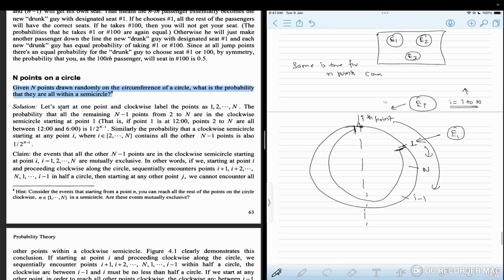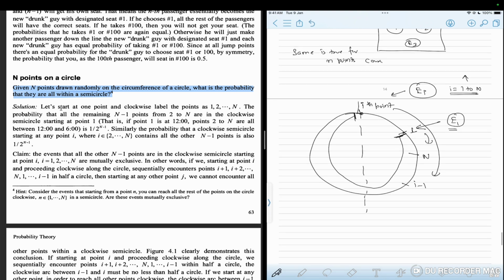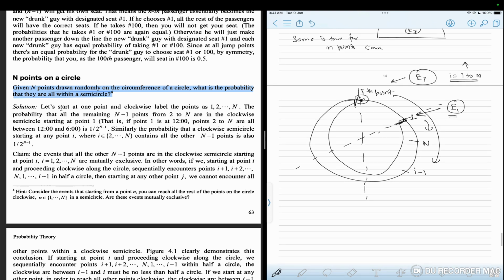If we want the event where the semicircle start point is point 1, then we will have to place all the remaining points on one side of the line. Now, what is the probability of each event Ei?